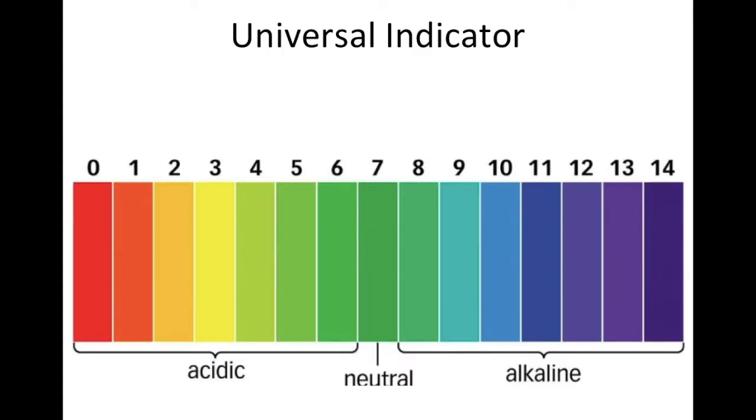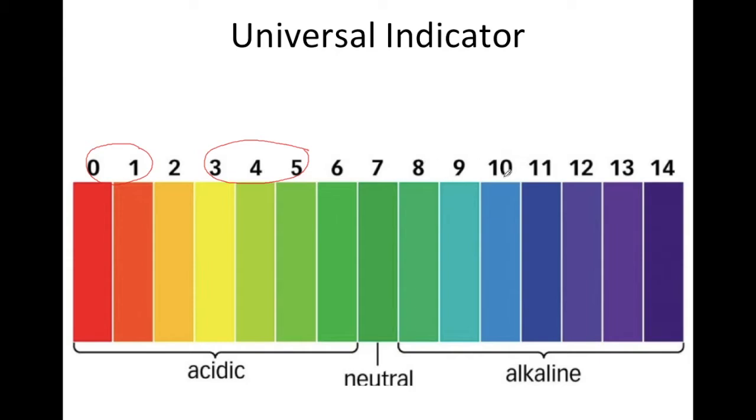Now, how can we tell what the pH of a solution is? We use different types of indicators that will basically change color in the presence of an acid or a base. Universal indicator is the most common one that we use. So strong acids are going to be more on the red-orange scale, and weaker acids are going to be more green and yellow.